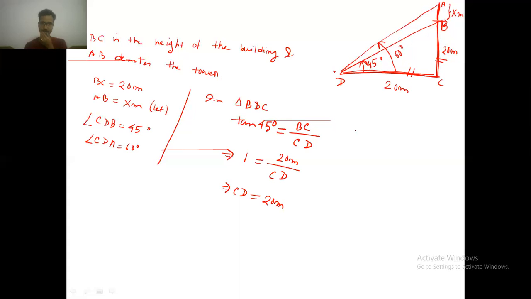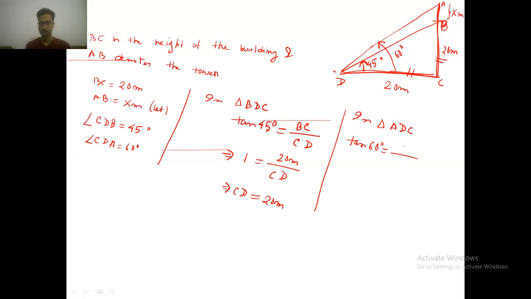Now take the bigger triangle, that means triangle ADC. Now see, in triangle ADC, again take tan 60 degree. Because you have to find AC now, tan 60 degree equal to, now for this bigger angle 60 degree, your AC will be perpendicular and this CD will be your base.